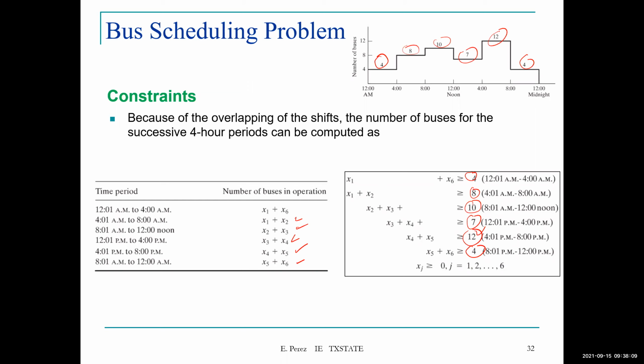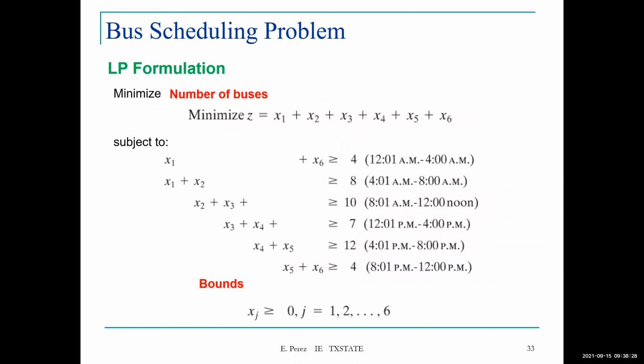And the process is repeated until we get to the last time period for the day, which is 8 p.m. to 12 a.m. And we need at least 4 buses. So X5 plus X6 has to be greater or equal to 4. So that's in terms of the bus scheduling problem. And then we saw how the model looked like after setting up the objective function, the constraints, and the decision variables.